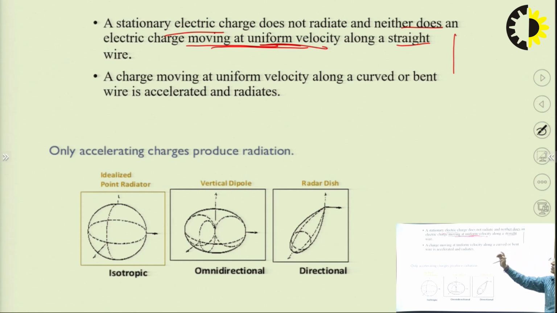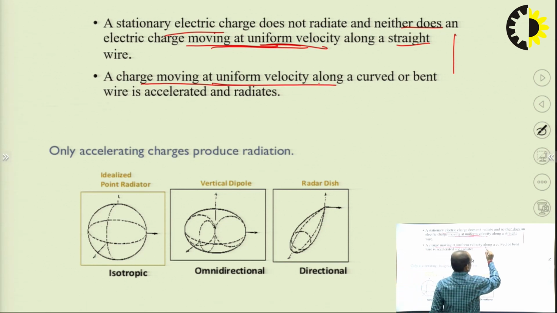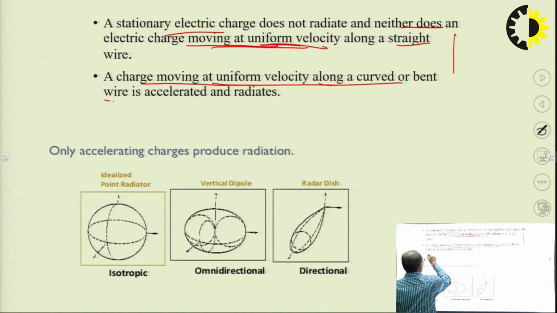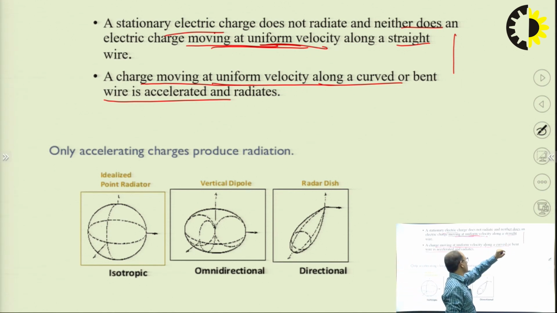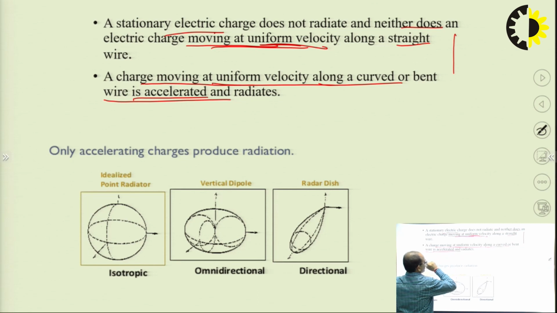So for radiation, if a charge is moving at uniform velocity, the wire should be bent or curved. When there is a bending of the wire or a curved wire, there will be a change in the velocity of charges, and the charges will get accelerated or decelerated, and only then will radiation be produced.